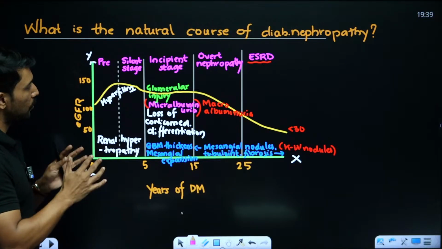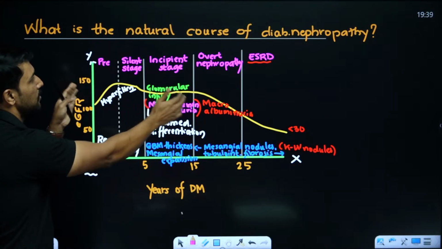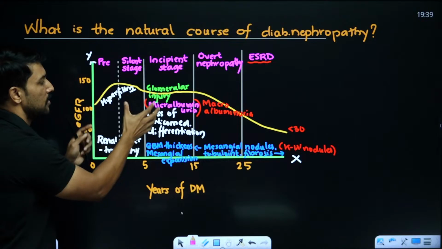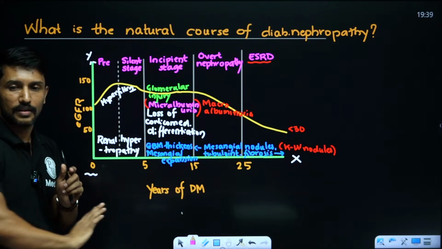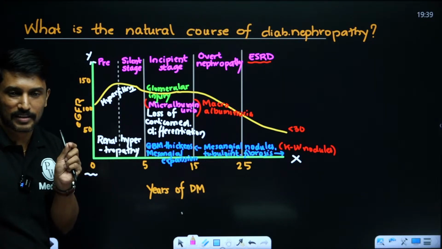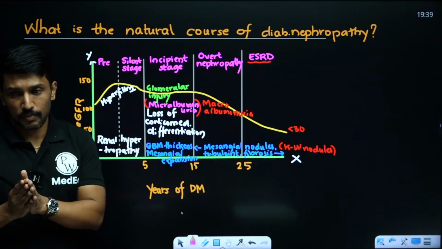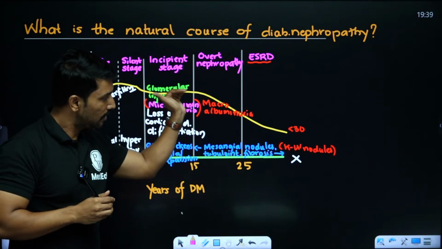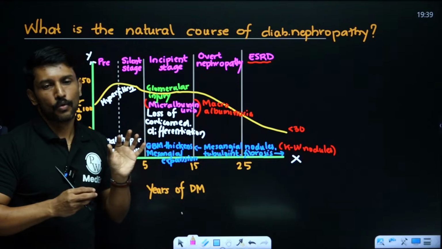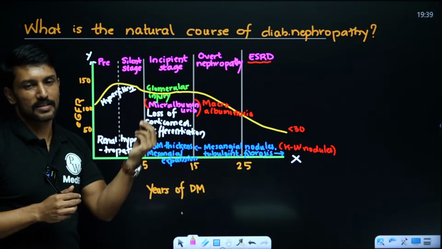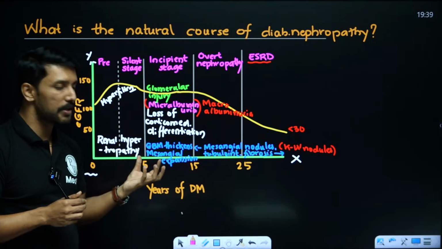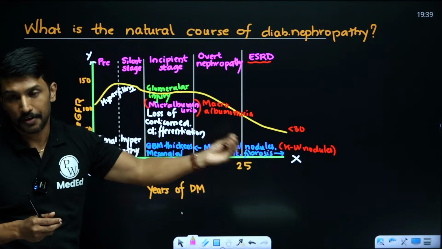By catching hold of the patient or recognizing them in the early, pre-clinical, silent or incipient stages, we may be able to reverse the nephropathy if we keep the glycemic control good. In later stages, complete reversal is not possible, but we can slow down the drop in the GFR. So whoever is likely to reach dialysis 10 years down the line, if I manage the patient well, I may push it to 15 or 20 years.